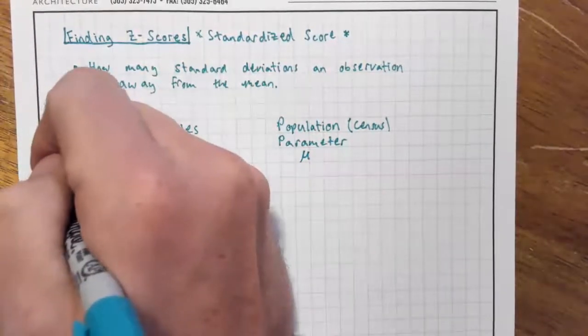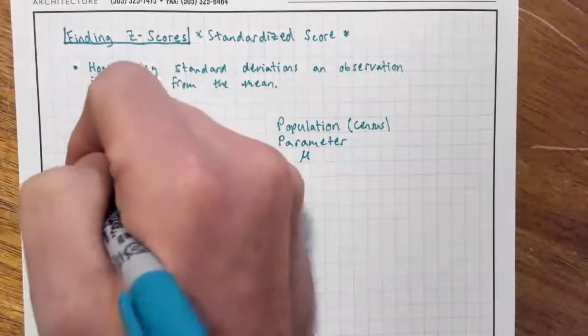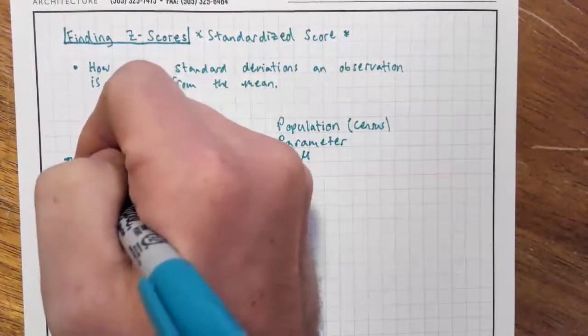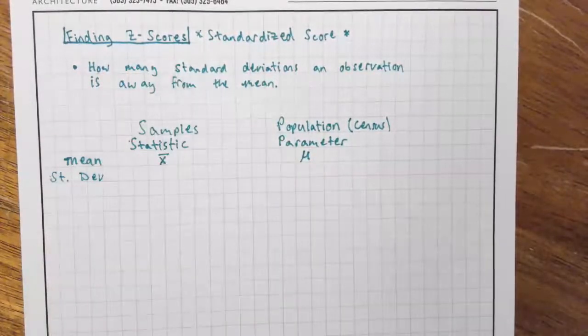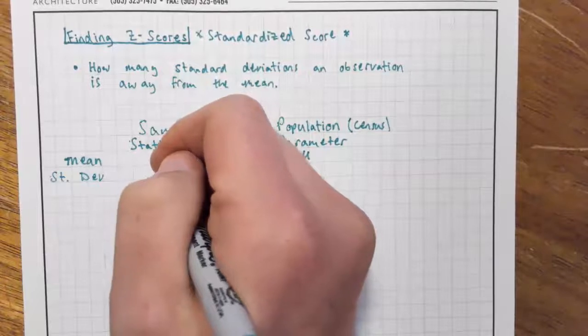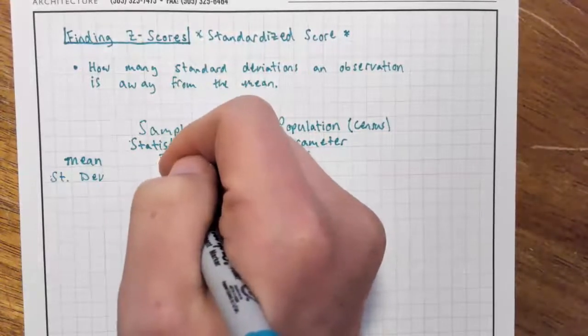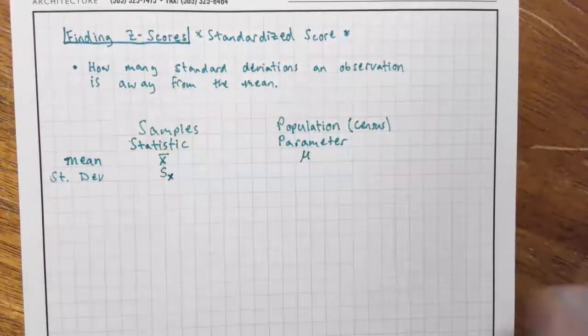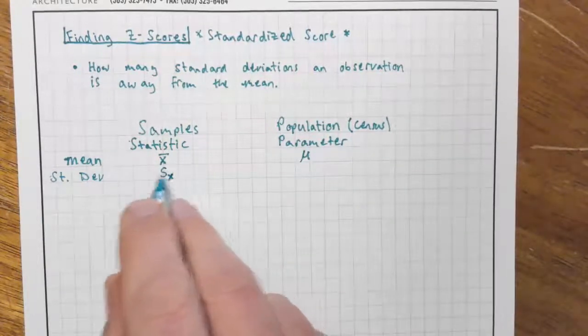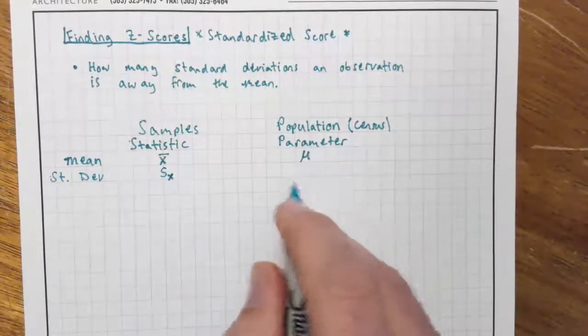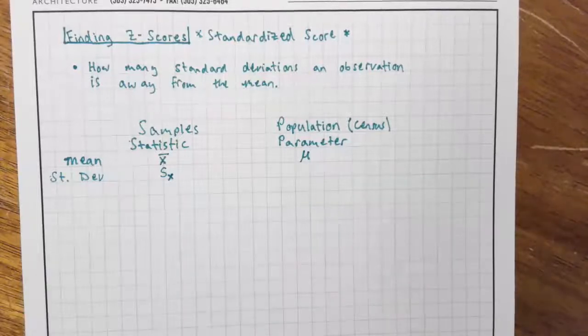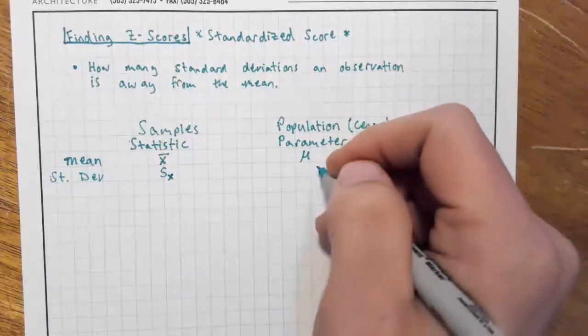Now the standard deviation, I'm just going to abbreviate it as St Dev. For a statistic, I have been using an s with a little subscript x. That's how we were doing standard deviation for samples. Another symbol that applies mostly to populations is the lowercase Greek letter sigma.